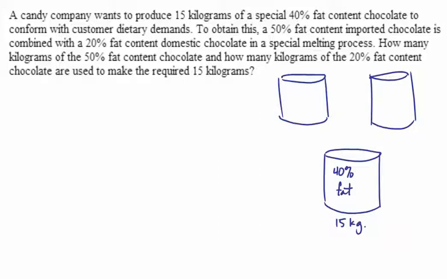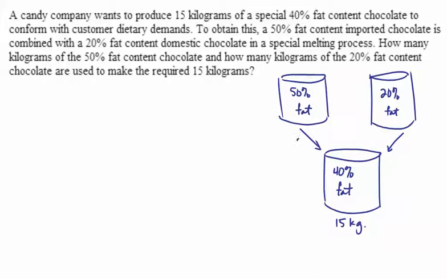One of them, let's start with the first one, is 50% fat content. So I write 50% fat here. And the other one is 20% fat content. And I want to combine them into this third vat to get 15 kilograms of 40% fat content.